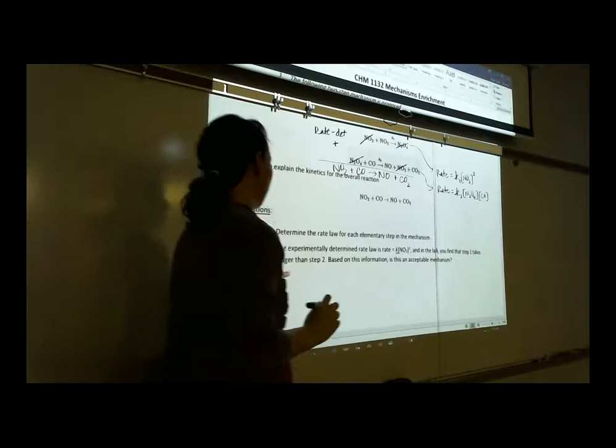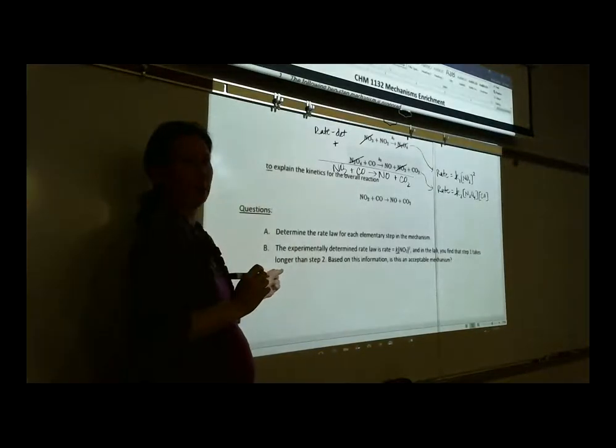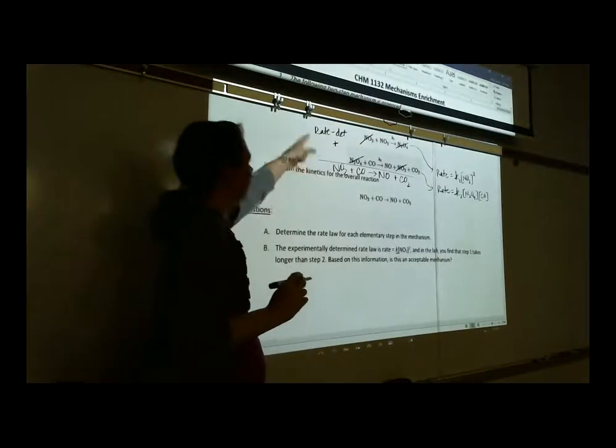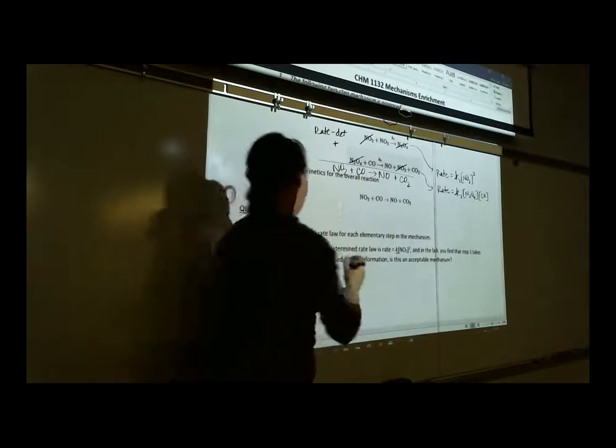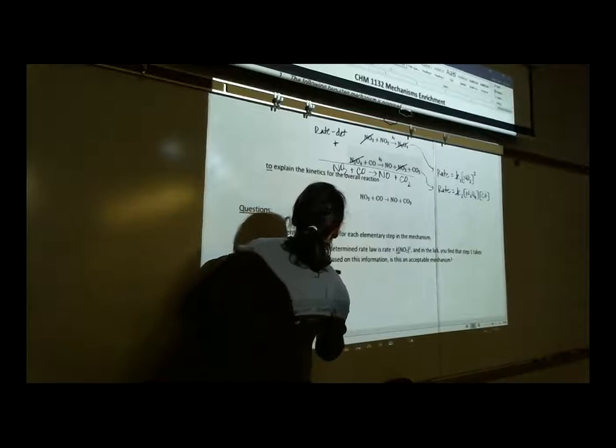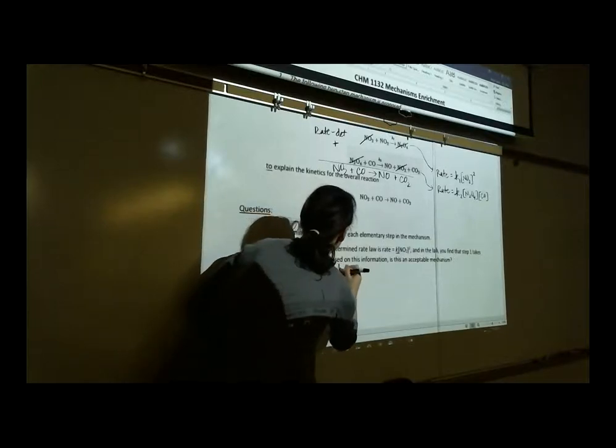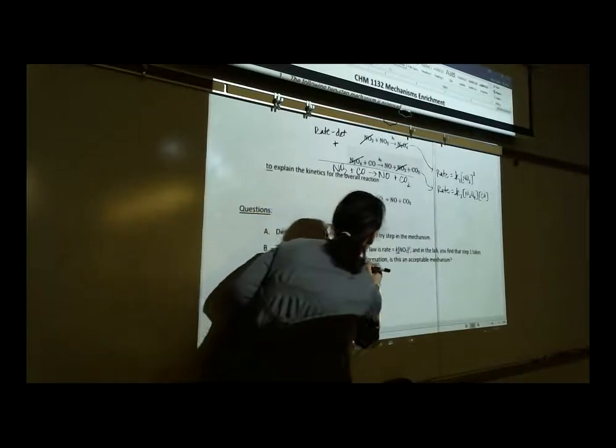So does the first criteria check out? Does this mechanism add up to the reaction I'm interested in? Yes. So it adds up to the overall reaction. That's criteria number 1. Yes.